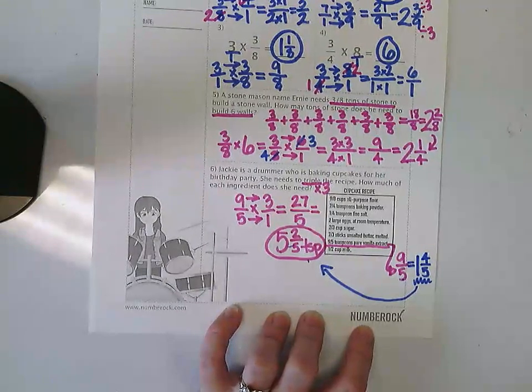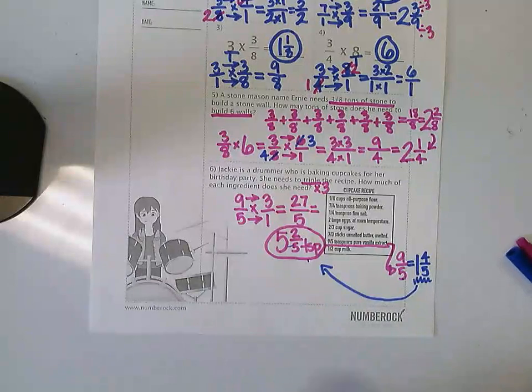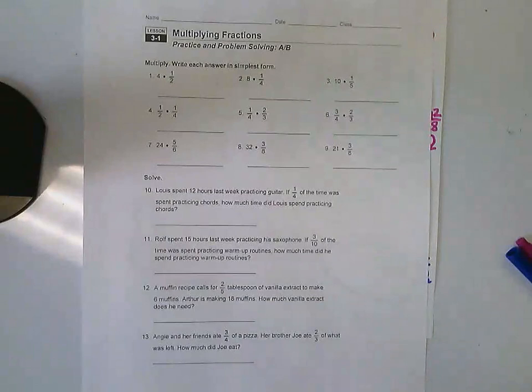All right, and that does it for the guided practice. And you have a choice for your homework. You can either do practice AB, which is level 1, or you can do practice C, which is a level 2.